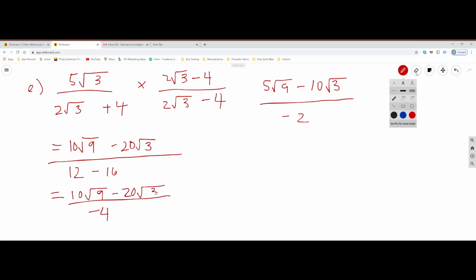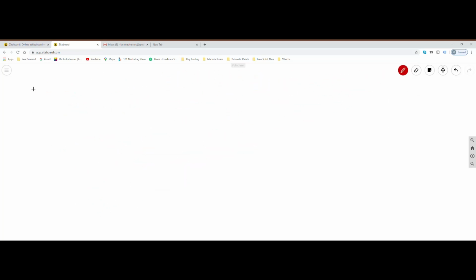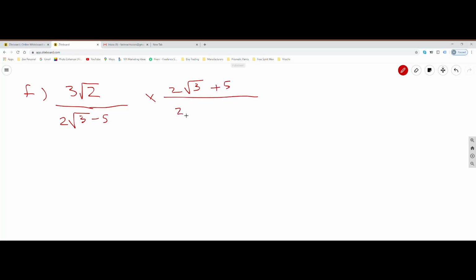So let's do F, which is 3 square root 2 over 2 square root 3 minus 5, multiplied by the conjugate, which is 2 square root 3 plus 5 over 2 square root 3 plus 5.